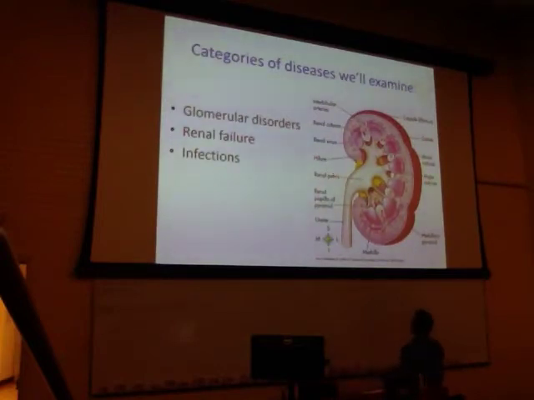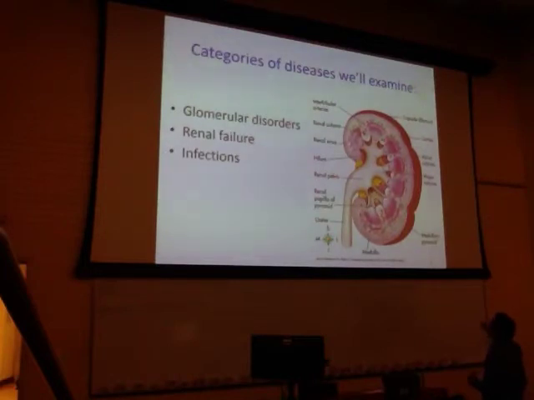The architecture of the kidney is shown here. You can see on the outer side is this capsule, and just deep to the capsule is this renal cortex. And then deep inside, organized in these triangular pyramid-like structures, is what we call the renal medulla.